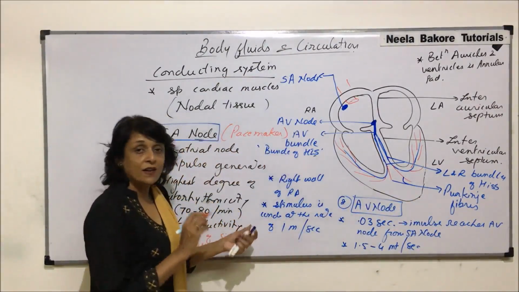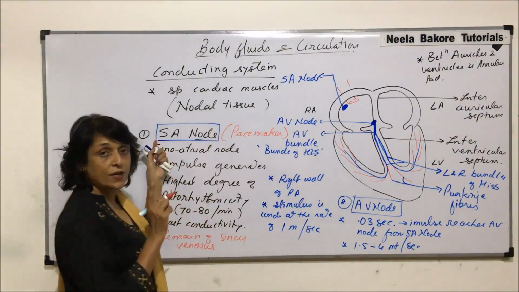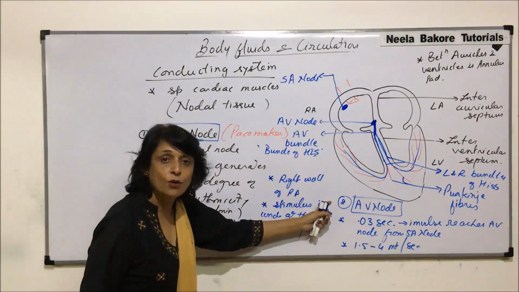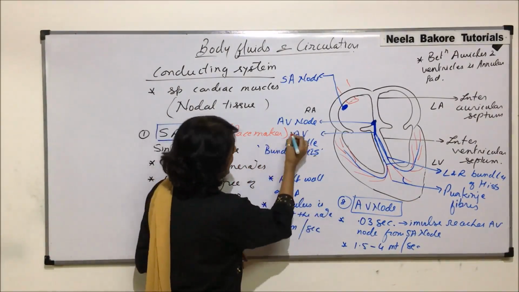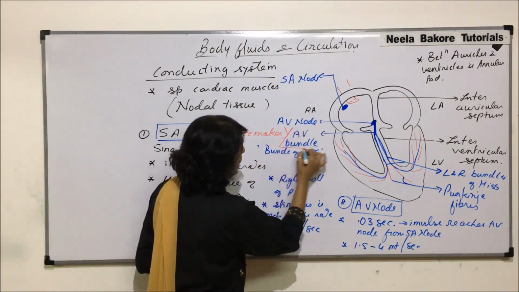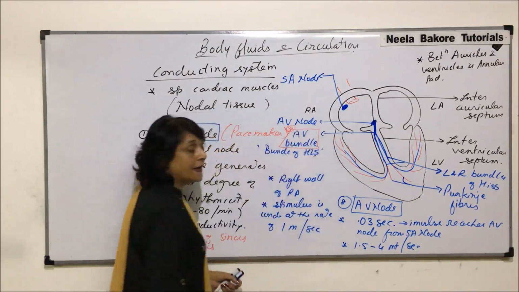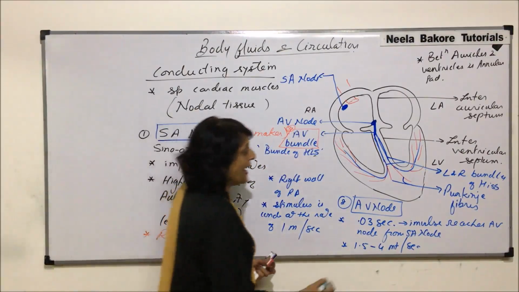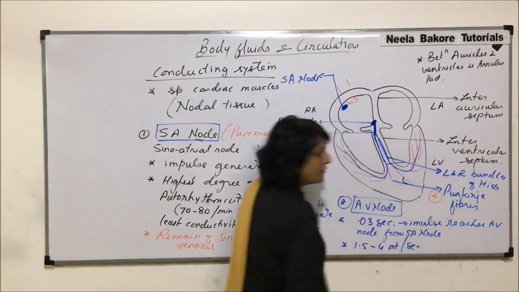So now let us number all these things. This is SA node, first part, AV node, second, then AV bundle. This is our third part. So this is the third thing of conducting system. And fourth, Purkinje fibers.